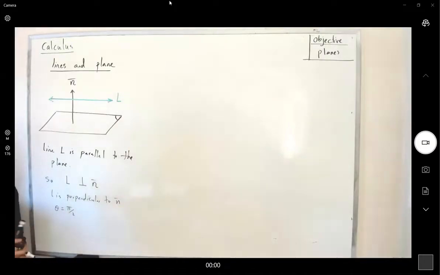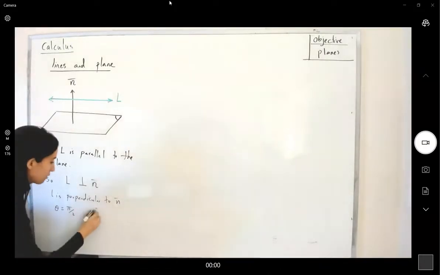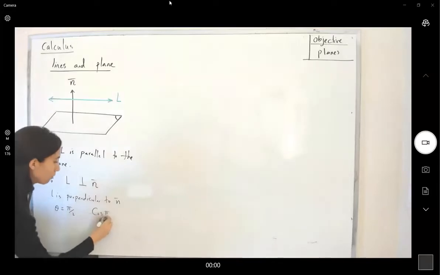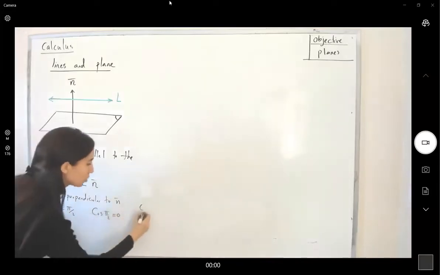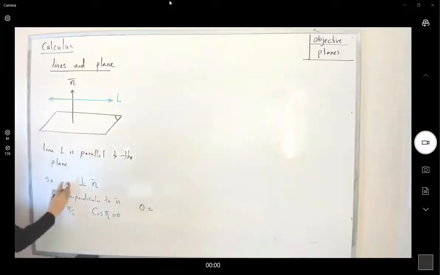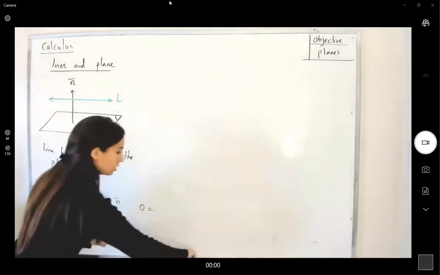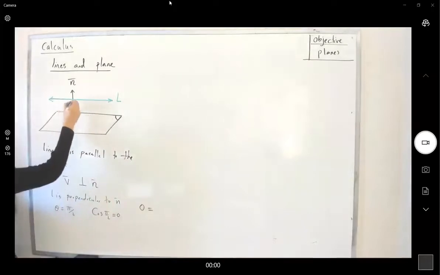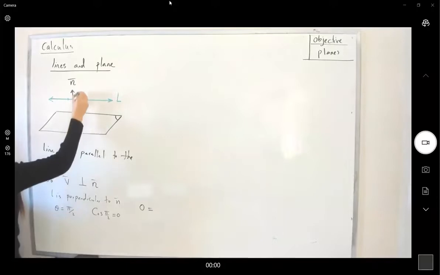So if you construct the dot product between them and find the cosine of pi over 2, it is equal to 0. So 0 is equal to, so let us use V as the direction vector. It makes it easier for us. Direction vector V representing your line.